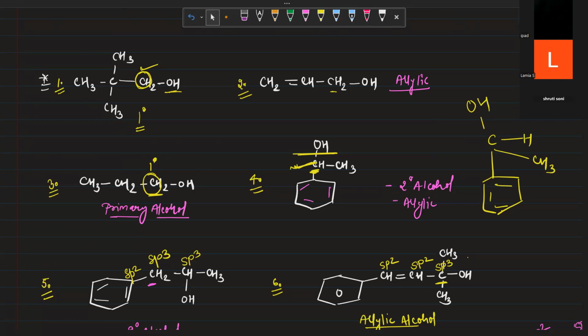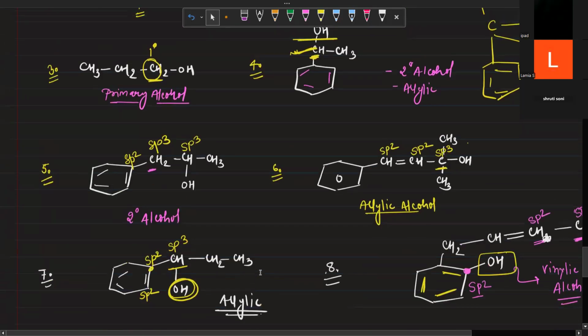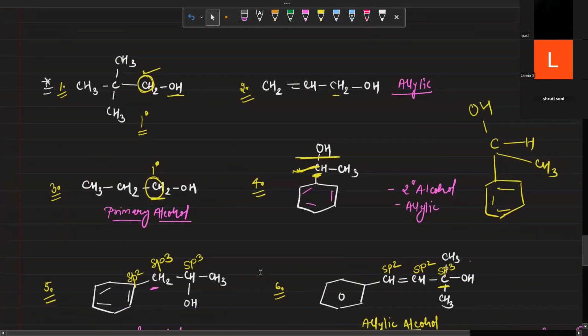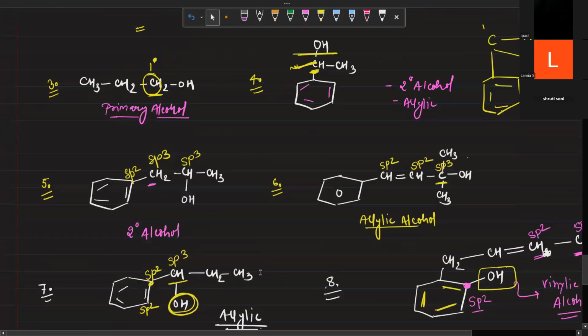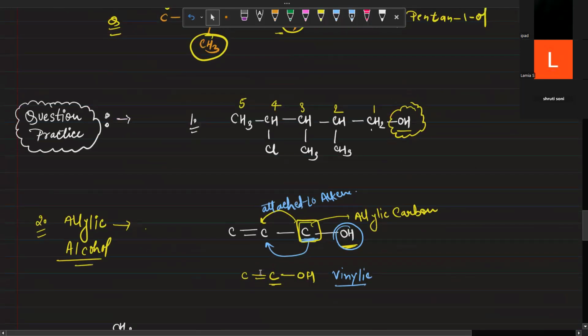Isn't that the homework though? Yeah, the homework. So 70 or 80% of that homework we covered today. There are some compounds for which you need to give the IUPAC name, so they may be left.